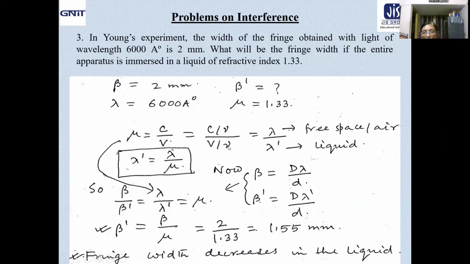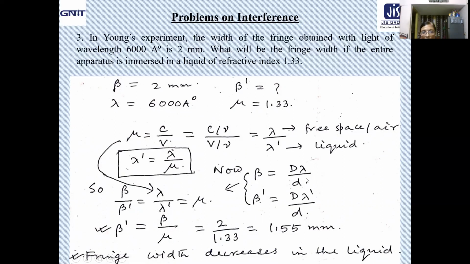Dividing both numerator and denominator by nu, the frequency, we get lambda by lambda prime. So mu equal to lambda by lambda prime, where lambda is the wavelength in free space or air and lambda prime is the wavelength in the liquid. So lambda prime equal to lambda by mu.